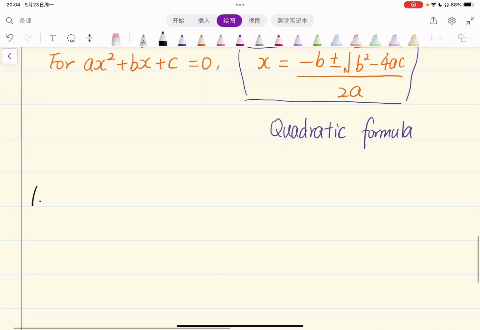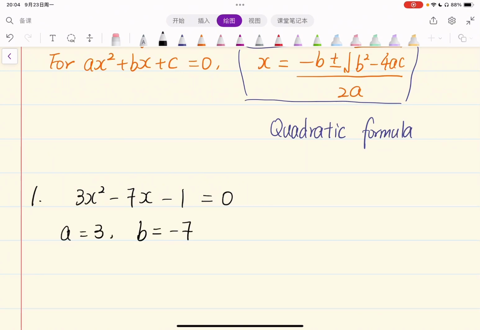So the first question is 3x squared minus 7x minus 1 equal to 0. What we need to do here is define a, b, and c. So in here, a equal to 3, b equal to -7, and c equal to -1. And then we substitute this a, b, c into the quadratic formula.